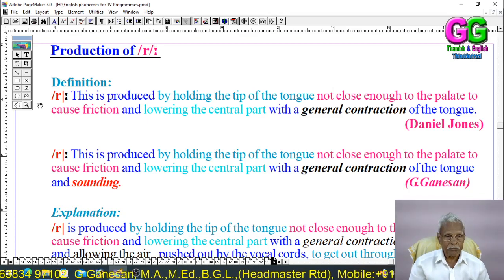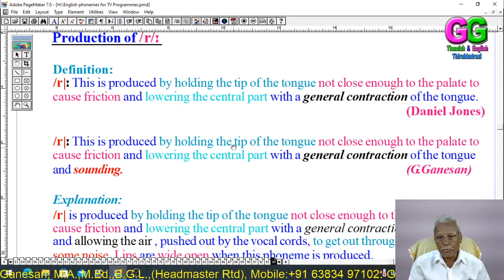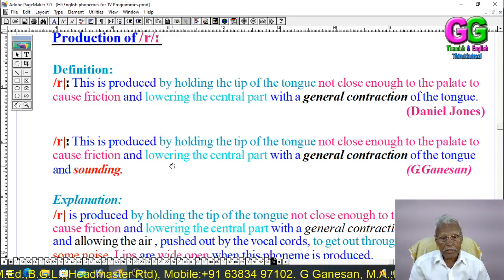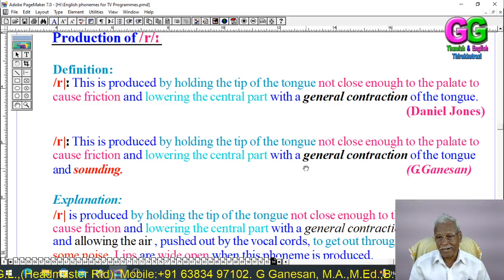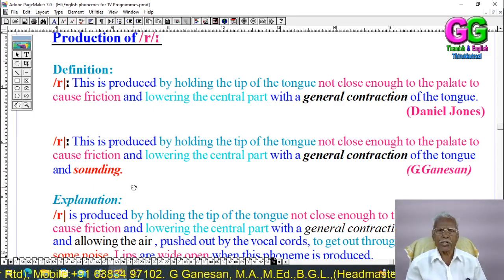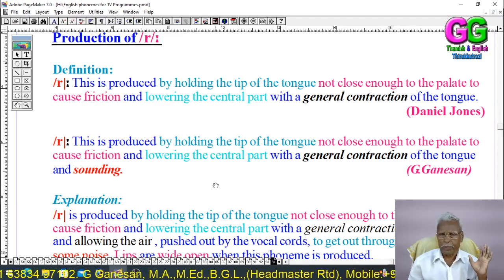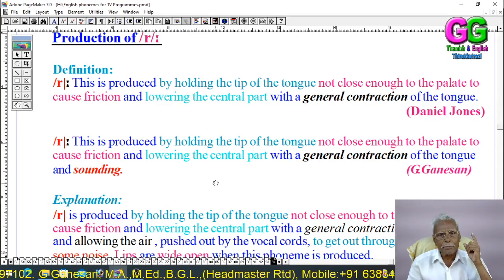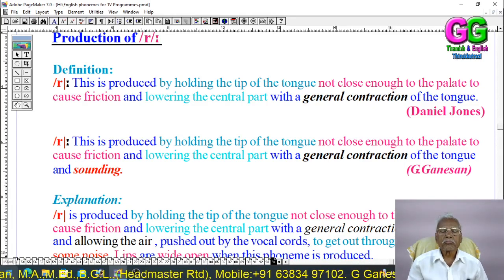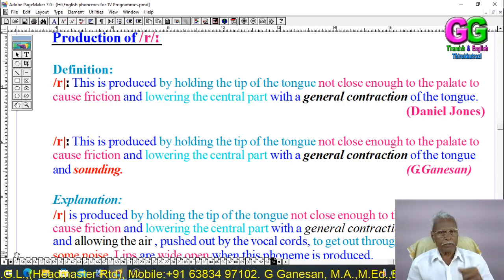Let us see mine. It is produced by holding the tip of the tongue not close enough to the palate to cause friction, and lowering the central part with a general contraction of the tongue, and sounding. We should sound it, then only any noise could be produced. Without the vibration of the vocal cords, no noise could be produced from the mouth. So I am using the word sounding.